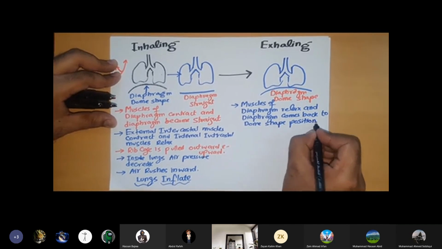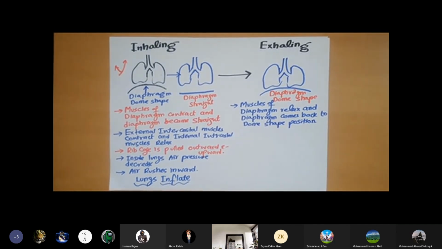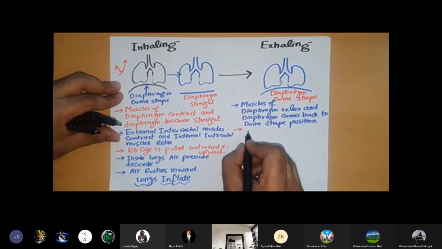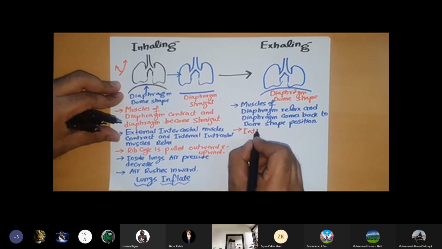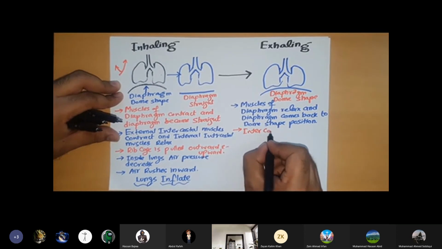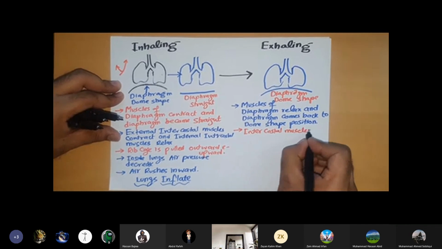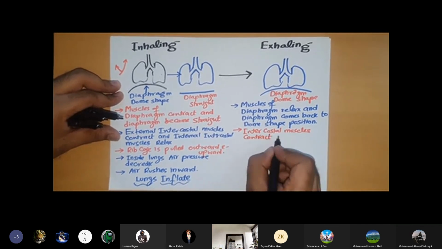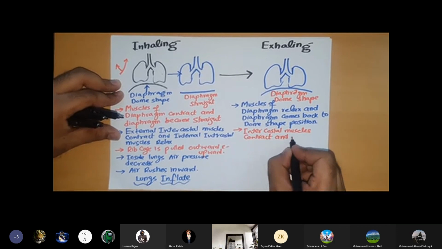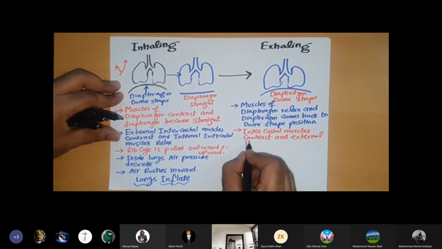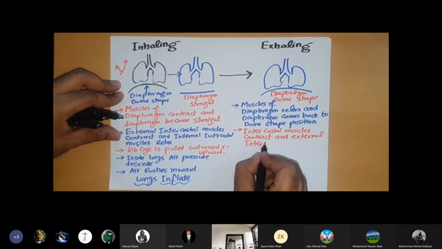Now, at the same time, the next step will take place, and that next step is that the internal intercostal muscles will contract. It is totally opposite to inhaling. This time the internal intercostal muscles will contract and the external intercostal muscles will relax.